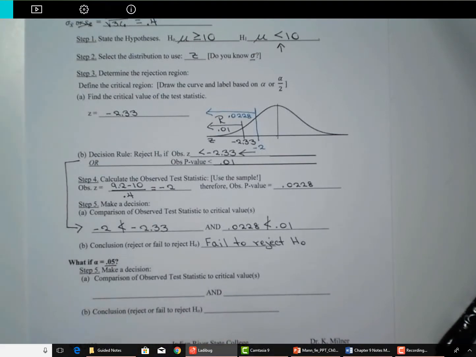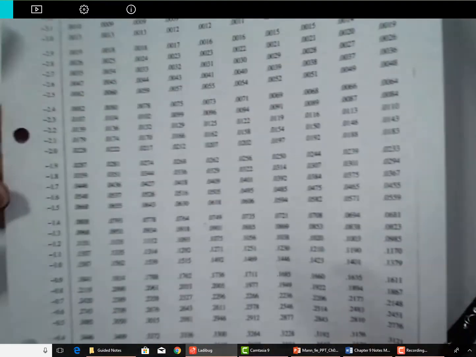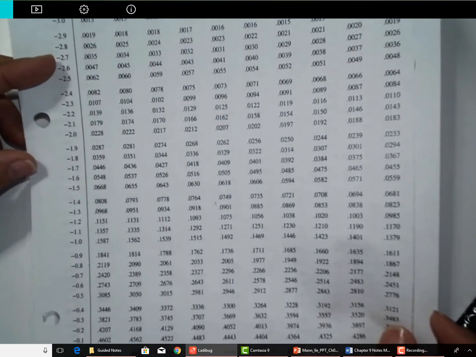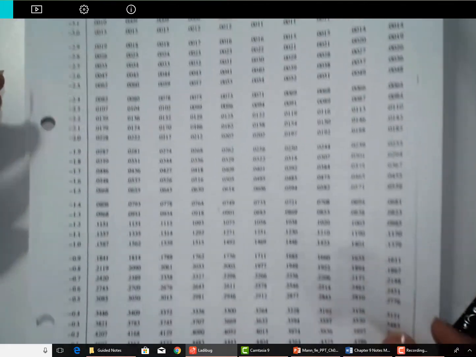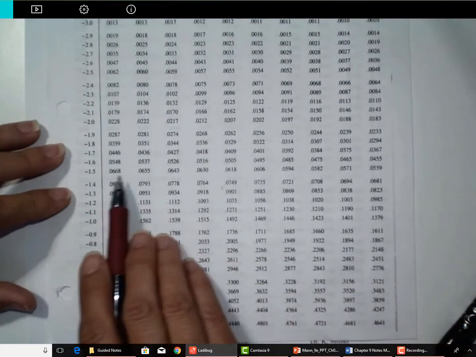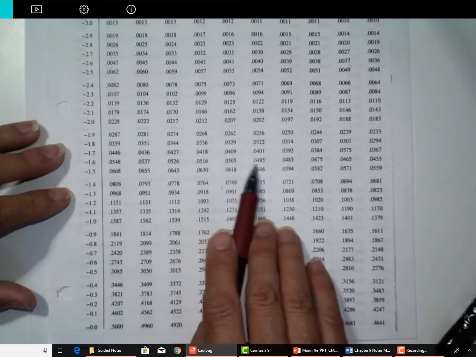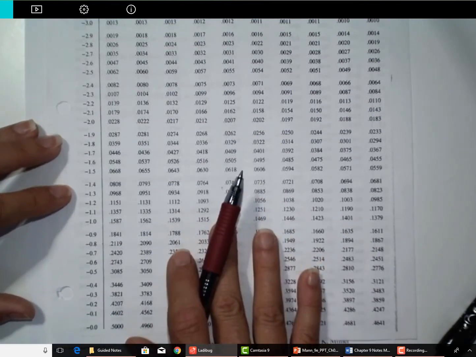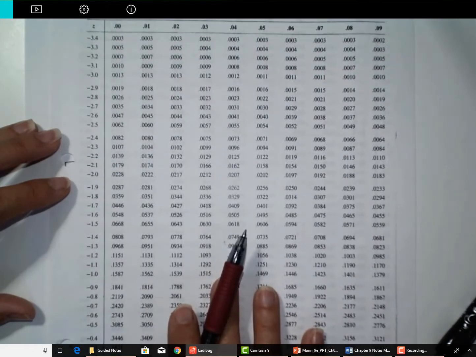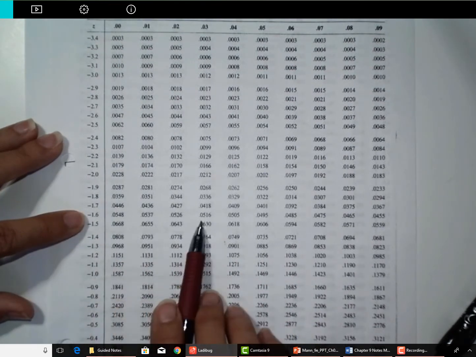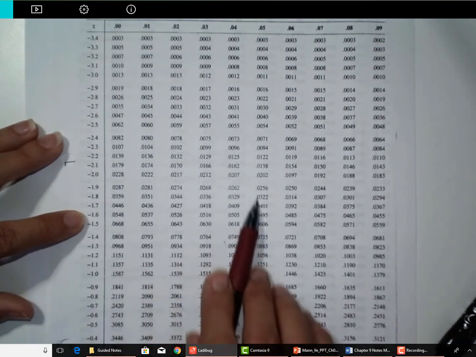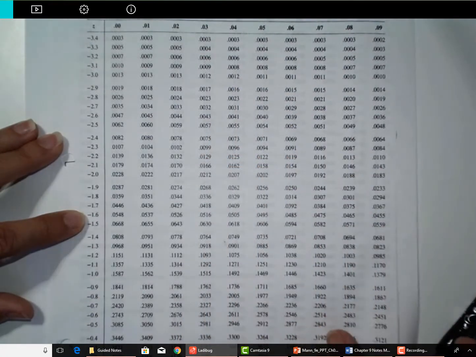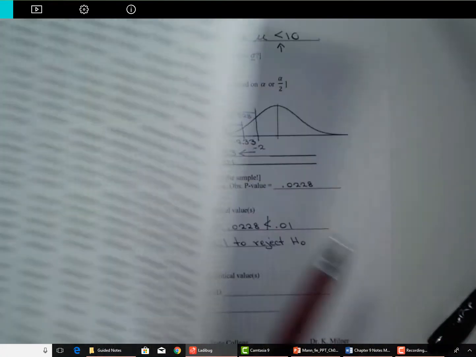If I look up 0.05 on my z-chart, let's see if I can find it real quick for you, I will see that 0.05 is going to be right between these two numbers. Well, that's going to take me to 1.6, and I'll go with the lower area. I'll say it's -1.6, and go to the top here, and it's -1.65.